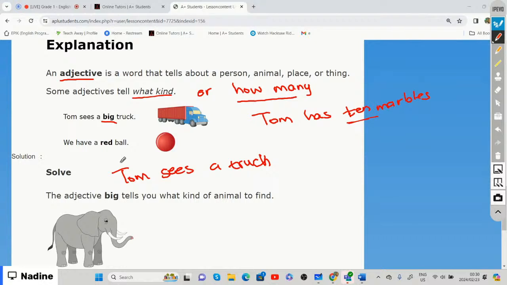For example, if we look at this ball, Tulasi, how would you describe this ball? Look at the shape of the ball and the size of the ball.